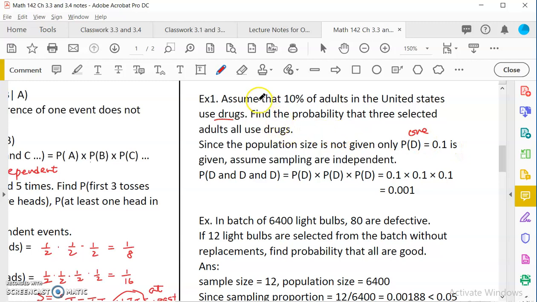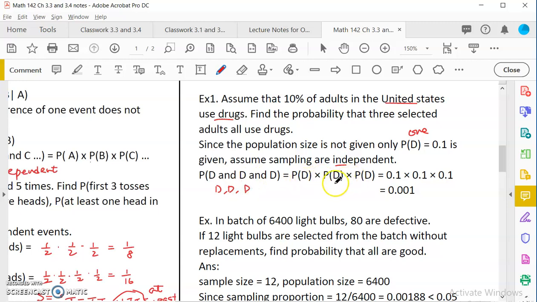Because the number of adults in the United States is so big, although the sampling could be without replacement, we assume the selections are independent. We'll just keep on multiplying. If we want to find the probability that all 3 use drugs, the first uses drugs, the second uses drugs, and the third also uses drugs.